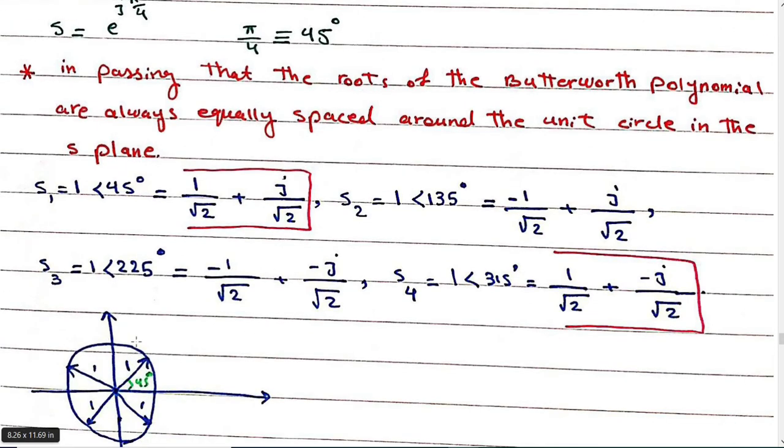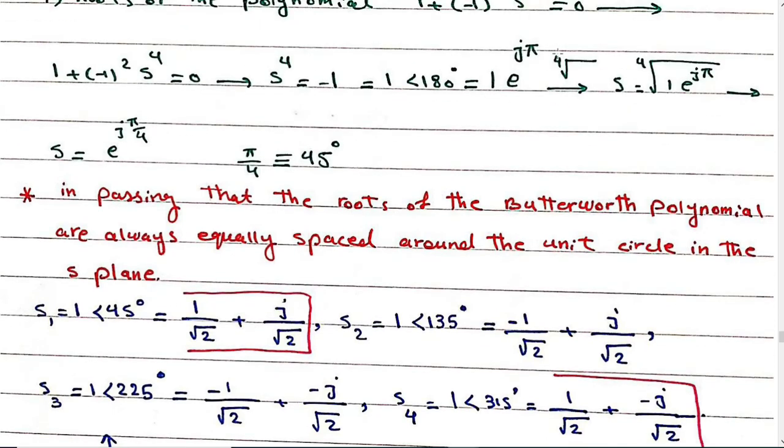You draw this unit circle over here. Because there are 360 degrees around this circle, if you divide it by 4, what will be the distance between each root? 360 degrees divided by 4 is 90 degrees.